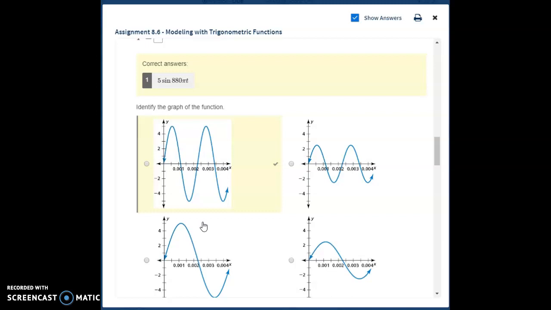The period is going to be 2 pi divided by 880 pi, which is 2 divided by 880, and if you divide it, it is 0.00227. So here's one complete cycle at 0.00227. That one's pretty close right there. So it is that function right there.